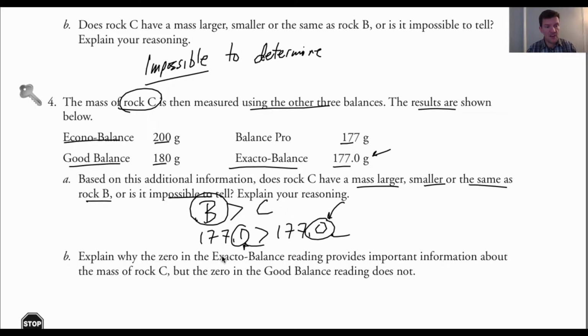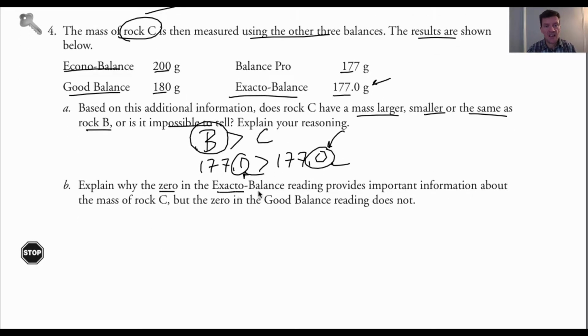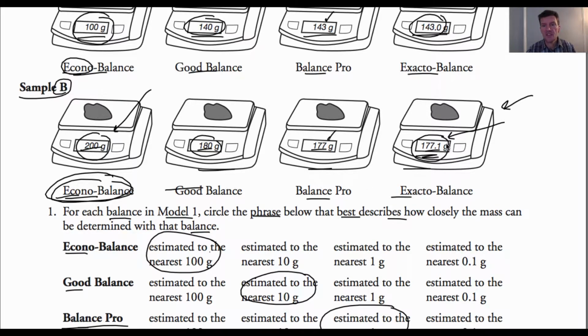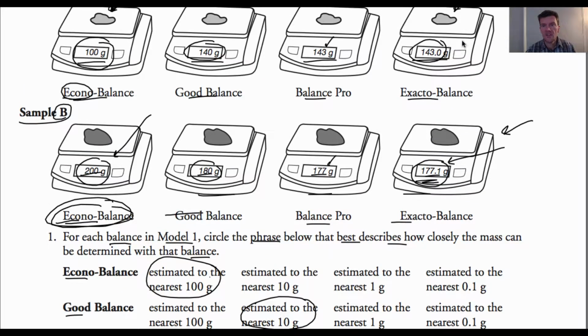Then if we go down here: explain why the 0 in the exacto balance reading provides important information about the mass of rock C, but the 0 in the good balance reading does not. Let's look up here, comparing the exacto to the good. If you have a 0 on your exacto, that last digit is part of the significant digits in your measurement. That last 0 is your estimated digit. But over here, this 0 is not significant.